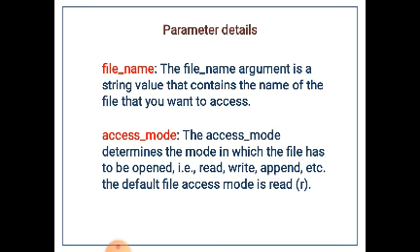There are other access modes, but by default we enter into read mode because without reading we cannot write or edit a file. So the access mode defines the mode in which the file has been opened or has to be opened.